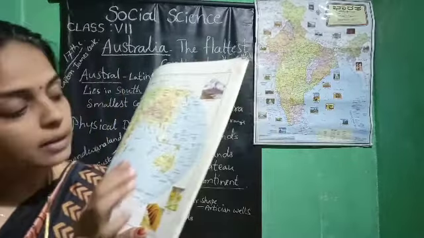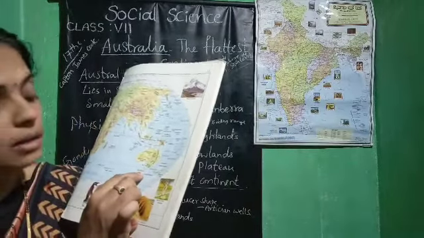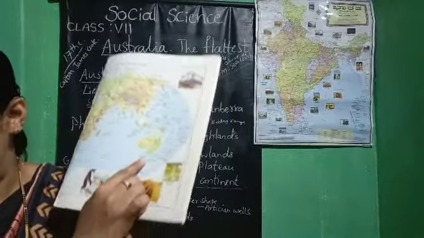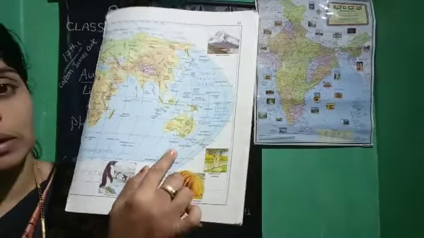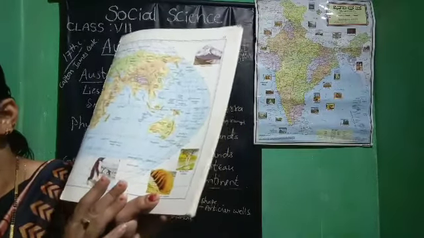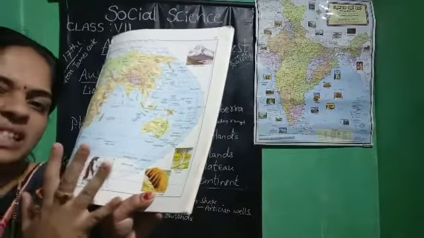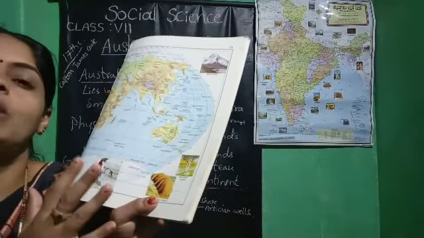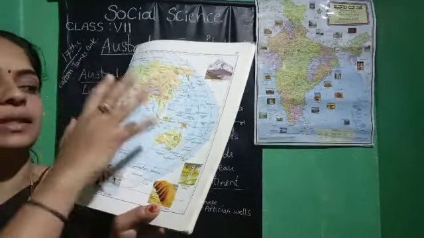Okay. Then the Timor Sea, the Arafura Sea and the Tasmania Islands. Yes, can you observe? Okay. So here the population is very low. Why? Because half of the continent is desert. In Australia, half of the continent is full of desert.